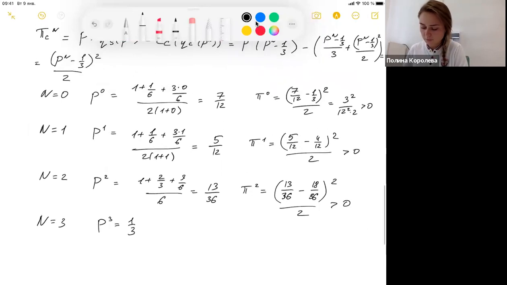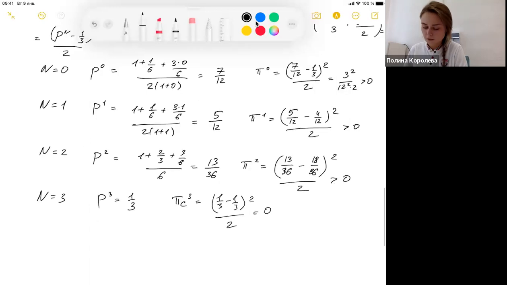And if the price equals 1/3, the profit of each competitive firm equals 1/3 minus 1/3, squared over 2, which is 0. If we have 4 or 5 and more, the price will be stable. The monopoly price will be equal to 1/3, and the profit of a competitive firm for 4 and for 5 competitive firms will be equal to 0.